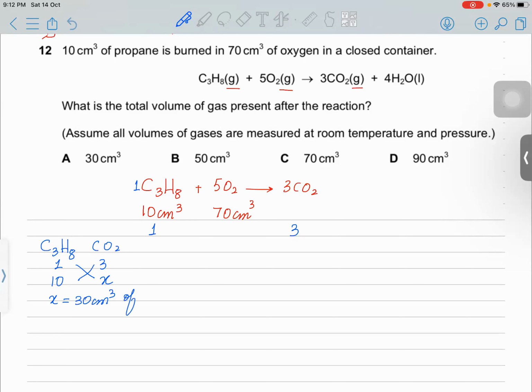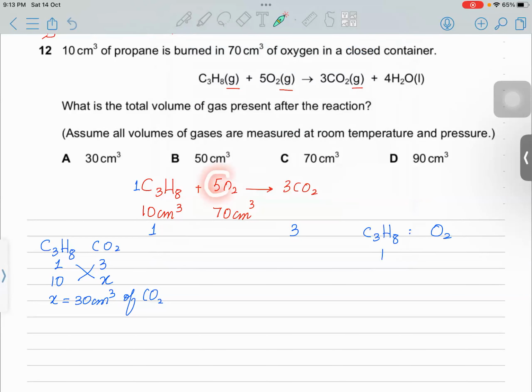Sir, 30 cm cube of carbon dioxide. Sir, we could even take 5O2 here, but just any of them. Yes. The ratio is 1:3 between C3H8 and O2. Sir, but why do we compare C3H8 and CO2?